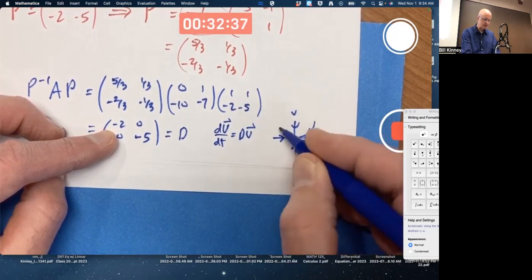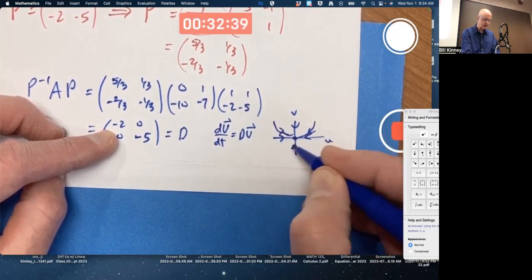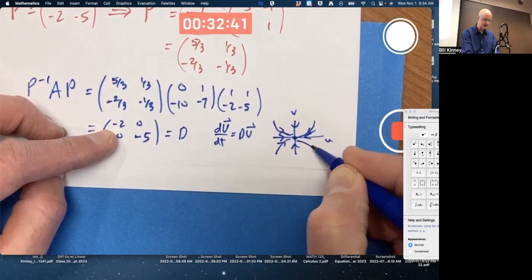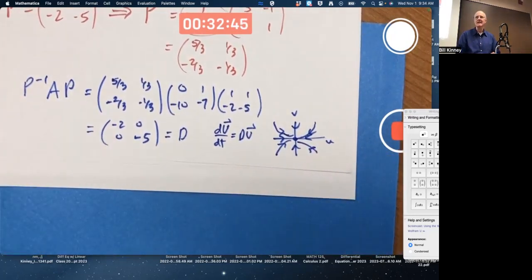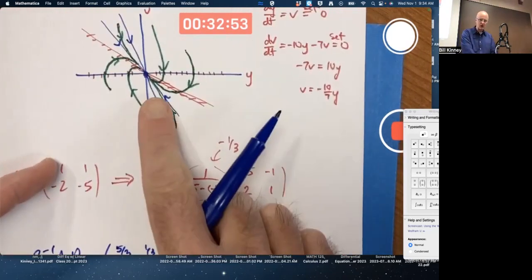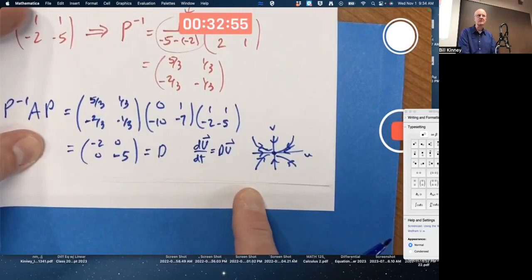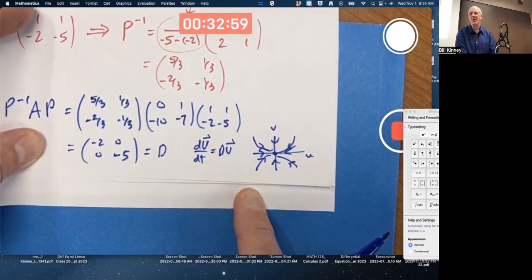The phase plane for this system in a new plane labeled with axes u and v is going to look like that. Effectively, the P matrix is a linear transformation that warps or transforms this picture into that picture. Literally, well, no, mostly just in our imaginations. But it's a helpful thing to imagine.